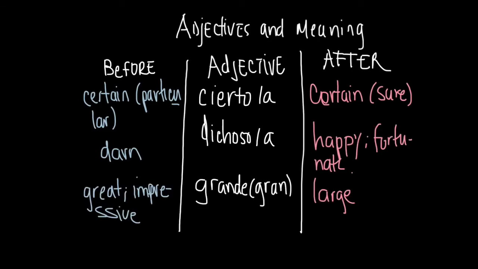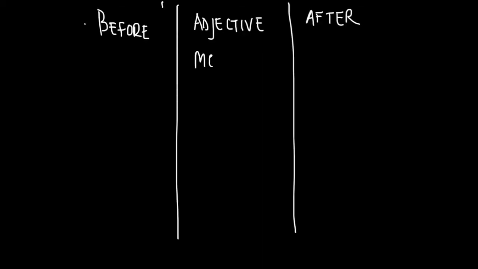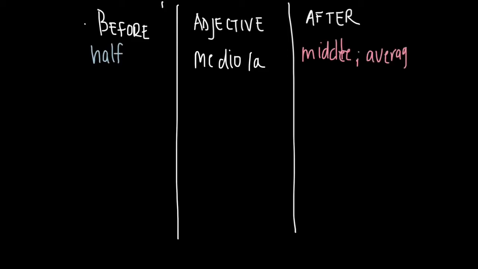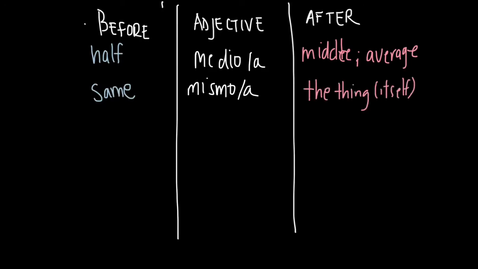Grande or gran means great, impressive before a noun, and large after. Medio or media means half before a noun and means middle or average after the noun. Mismo, misma means the same before a noun or the thing itself after the noun.